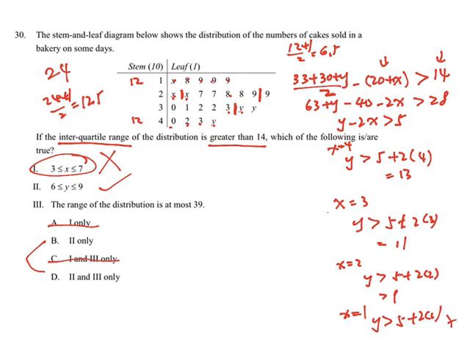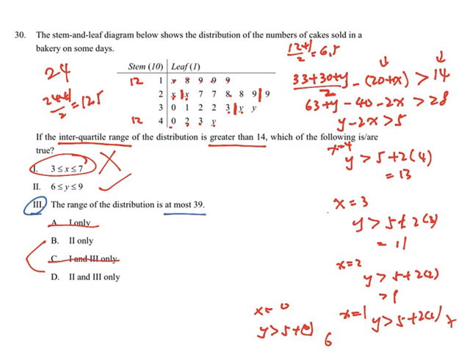So it's possible, that means it's around 7, 8, 9. For x equal to 0, 5 plus 0 is 5, greater than 5, so that means 6. So 2 is correct.